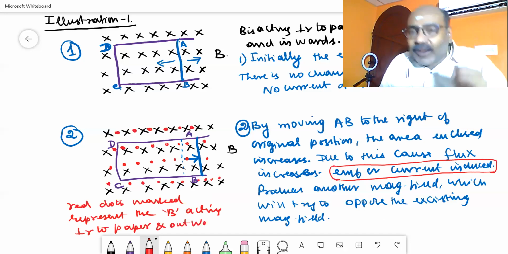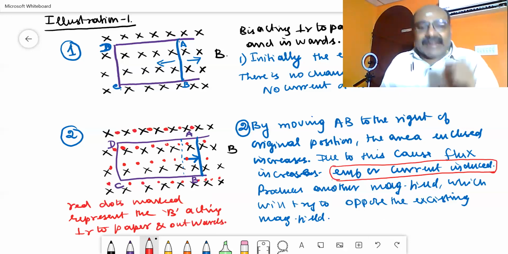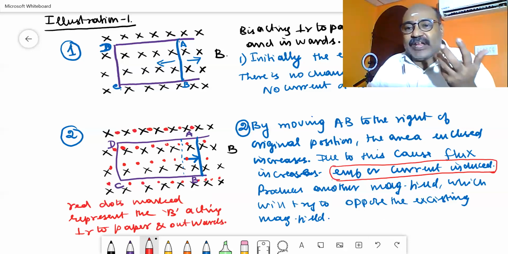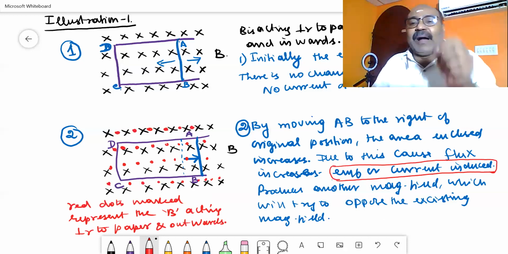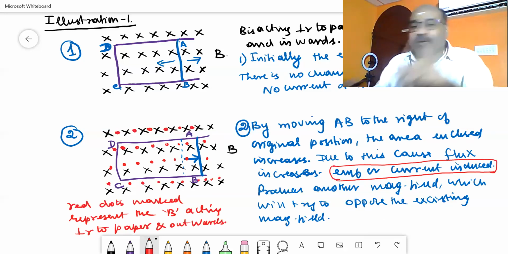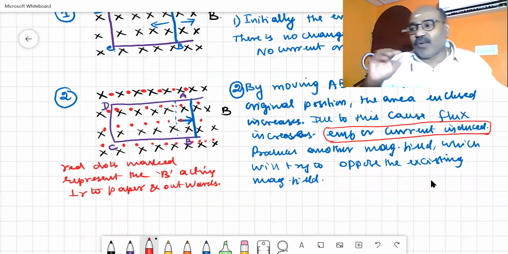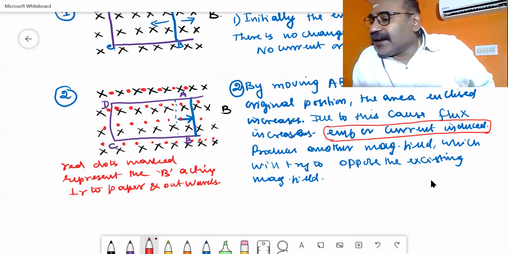Now, by knowing the direction of the magnetic field, I can say the direction of the induced EMF or the current by the right hand thumb rule. With the help of the right hand thumb rule, I can say that the direction of the induced EMF or the current is anti-clockwise. What is the right hand thumb rule?